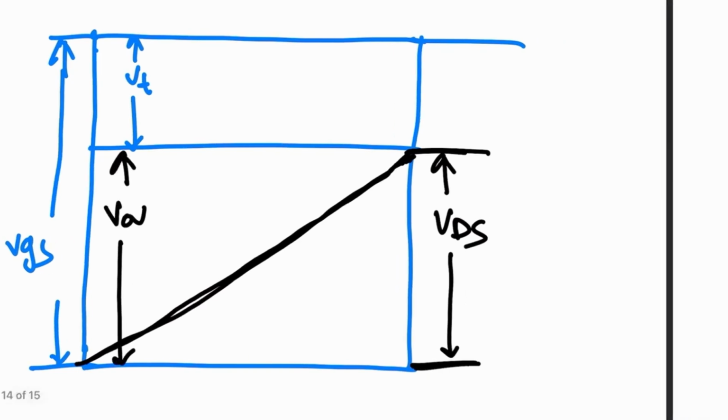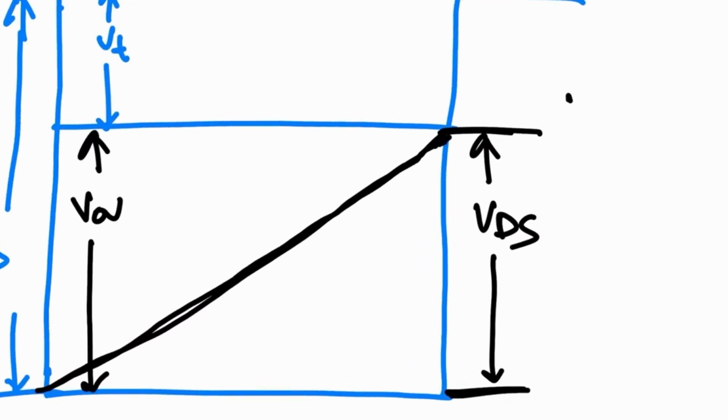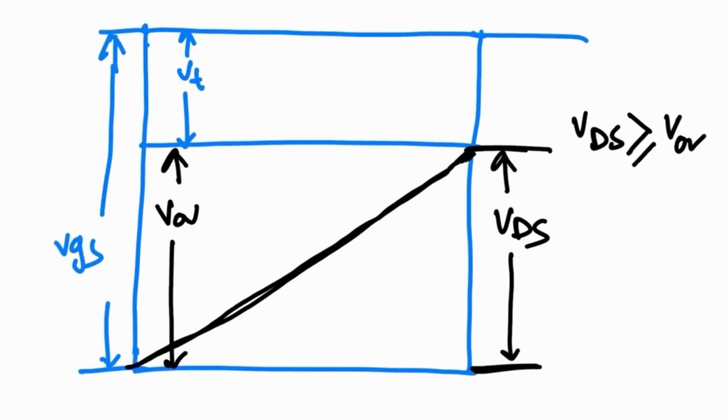So the pinch off condition will come when VDS is greater than or equal to VOV. If the VDS is greater than or equal to VOV, then the MOSFET will be in the saturation region.